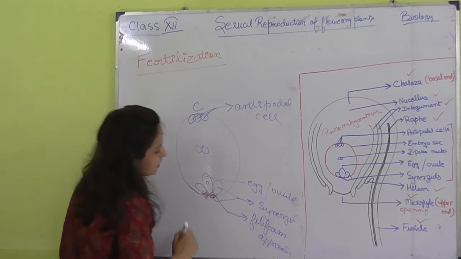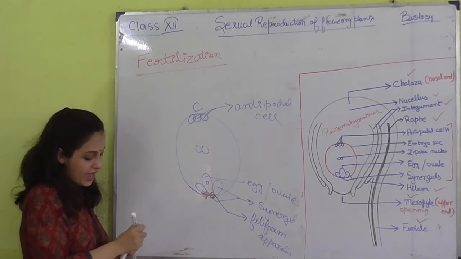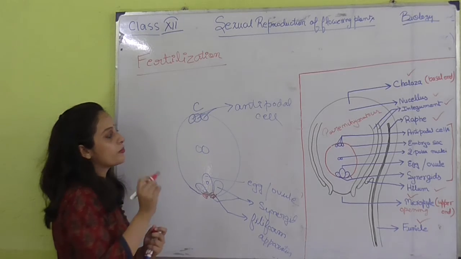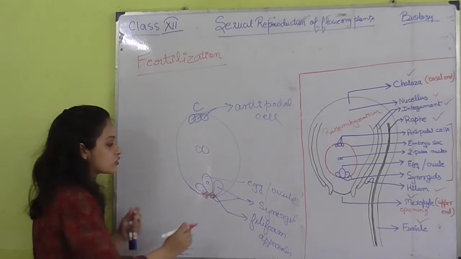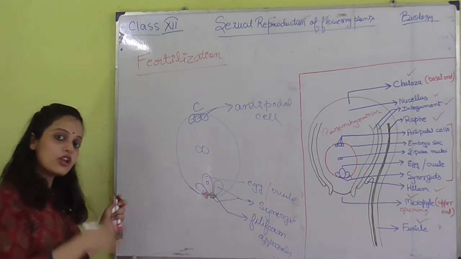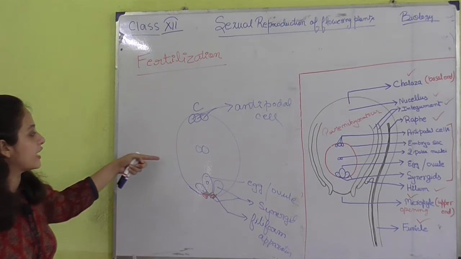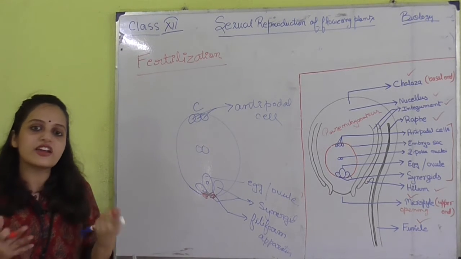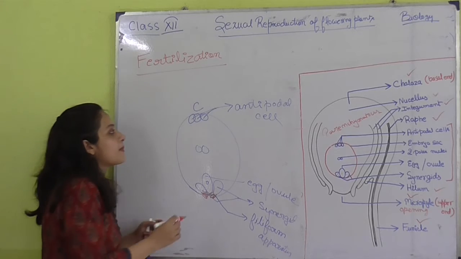So what is the work of the filiform apparatus? It guides the pollen tube. Mainly the pollen tube enters through the micropore. It doesn't mean it always enters through the micropore. It may enter through the integuments, or through the chalaza end, but generally we can say it enters through the micropylar end.